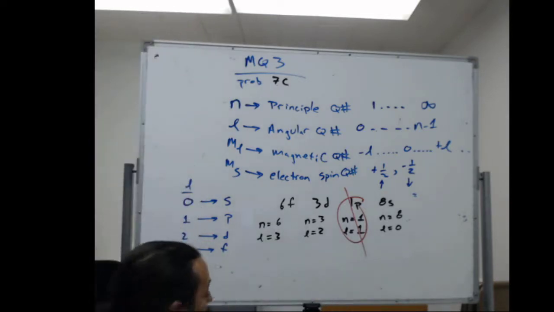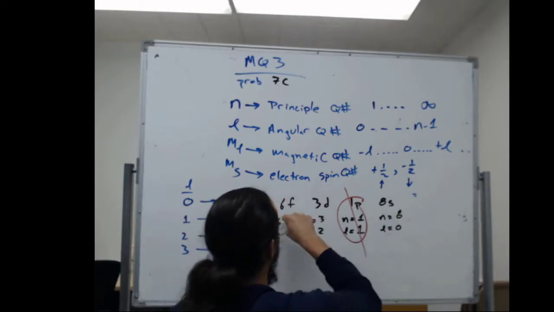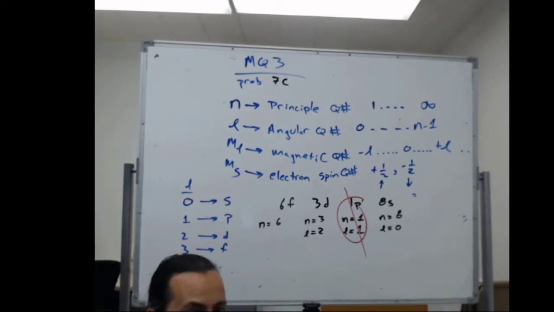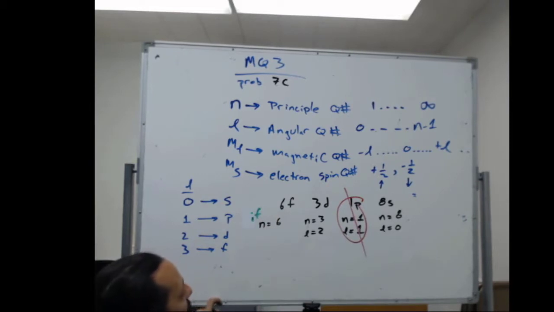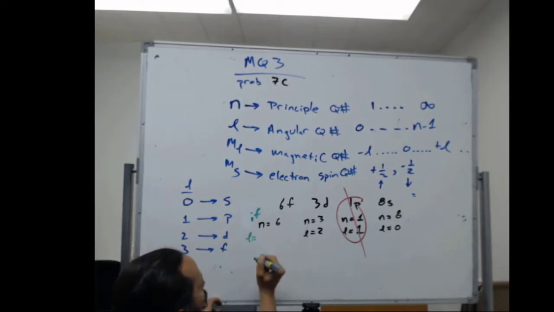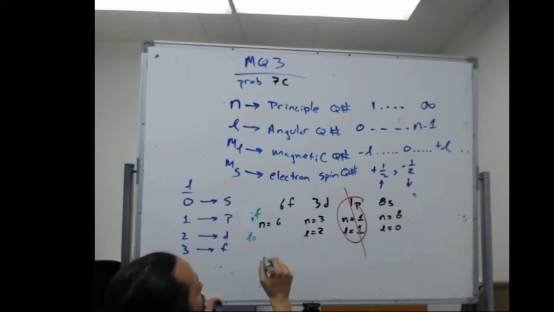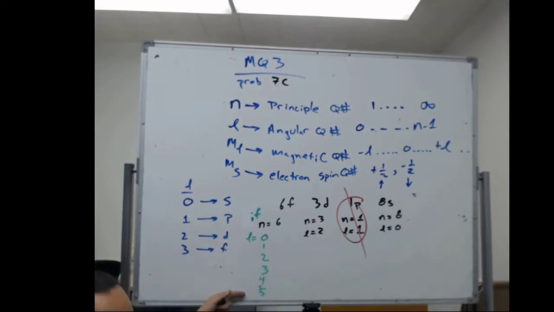So essentially what I did was, let's look at this first one, and we'll look at it in the thinking way rather than just the checking way. If n equals 6, L can be equal to 0 all the way up to n minus 1. So L could be 0, 1, 2, 3, 4, or 5. I've got a bunch of different options. I actually get 6 different options for my possible L value.